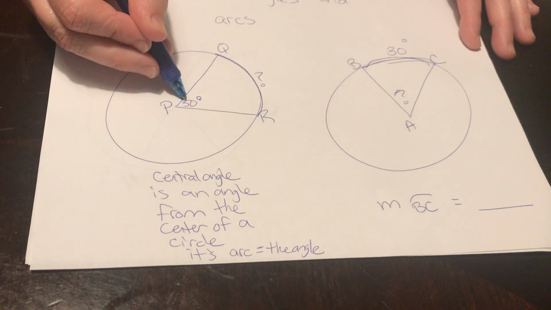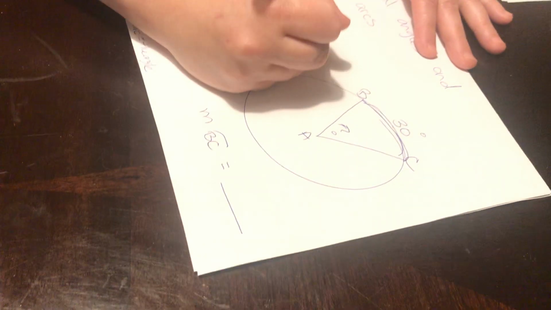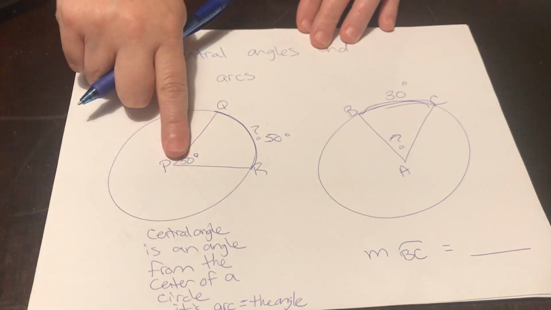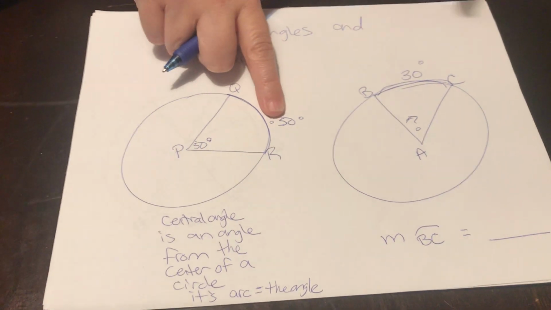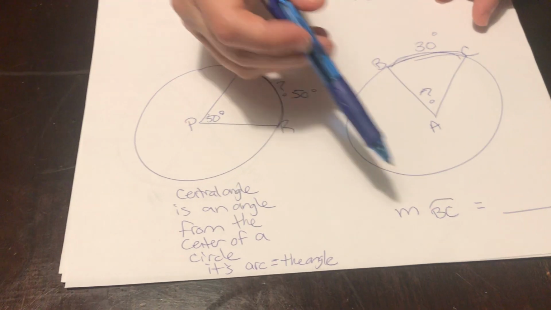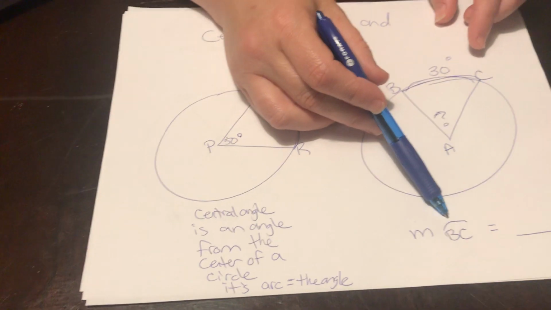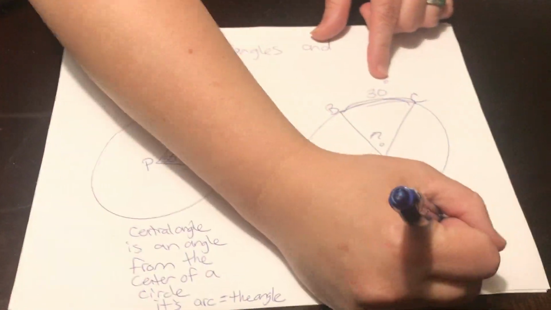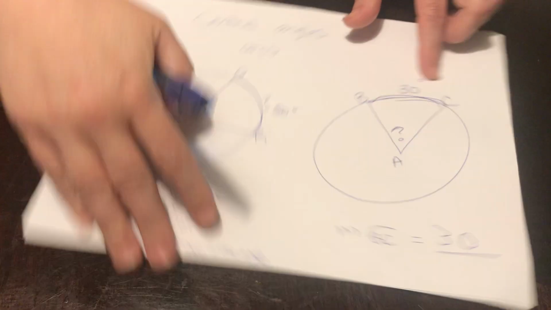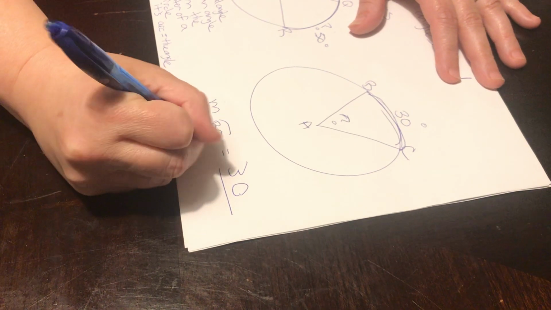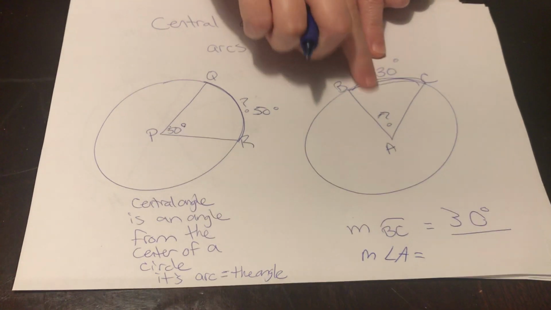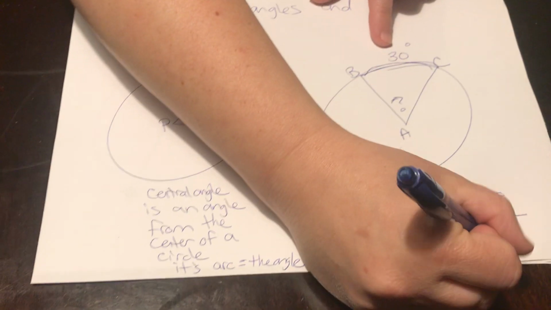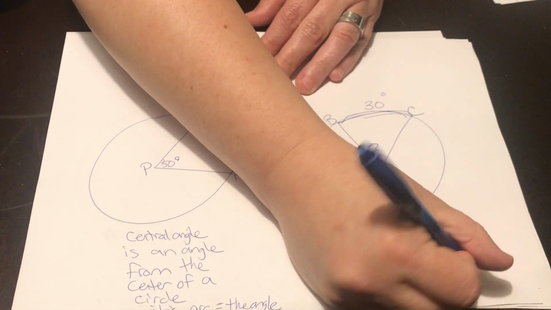So if the central angle is 50, the arc is 50 degrees. And vice versa. It says the measure of arc BC is 30 degrees. Therefore, if this arc is 30, the measure of angle A, the central angle, is also 30. All right.